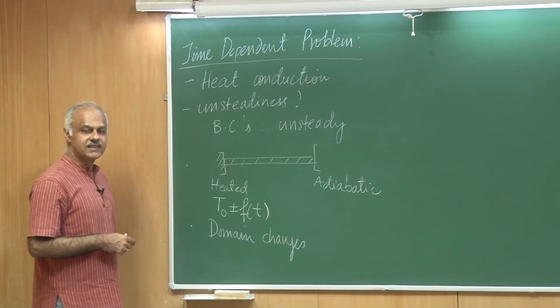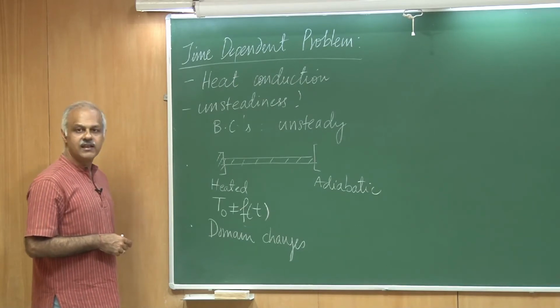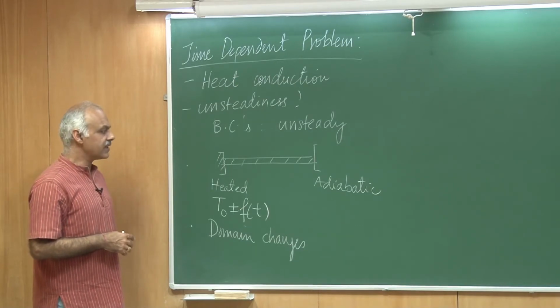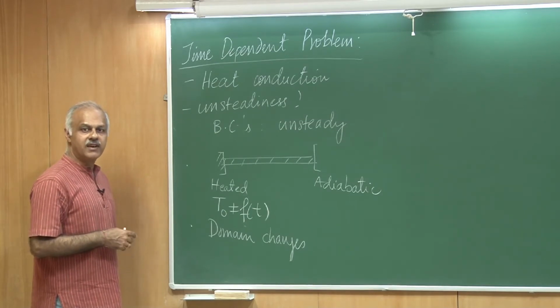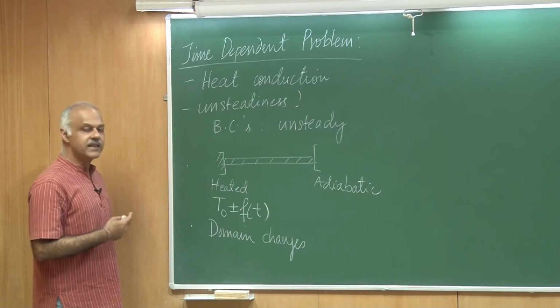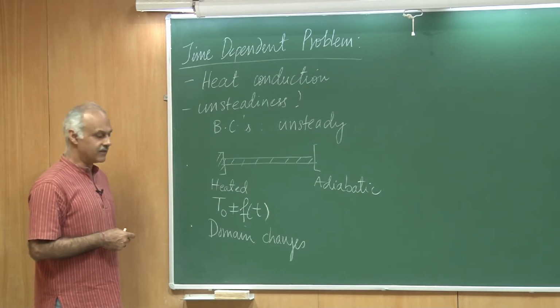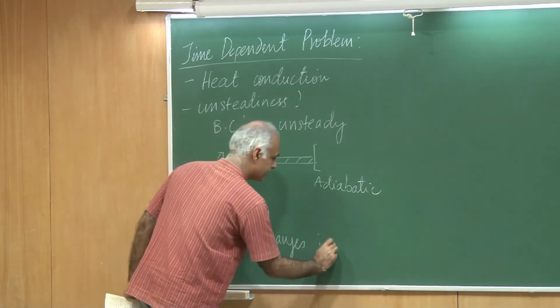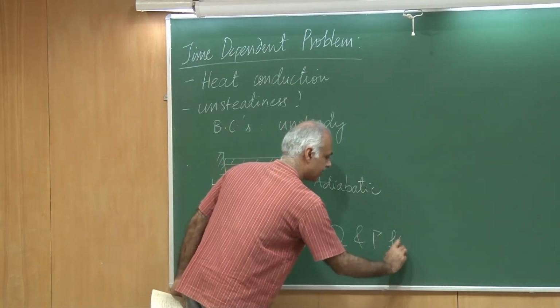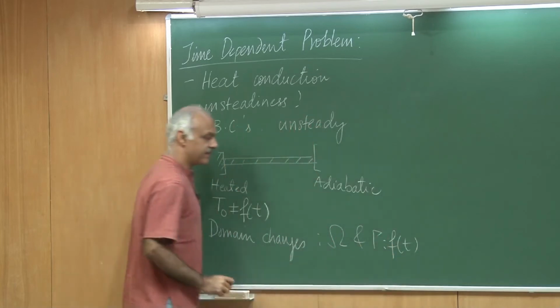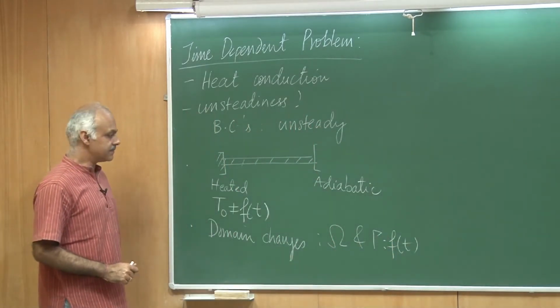It is not just conduction, there is convection as well, but then you have a container in which there is a melt and the melt solidifies, and therefore your domain itself could change. So here we have a situation where omega and gamma are functions of time. This could be another possibility.